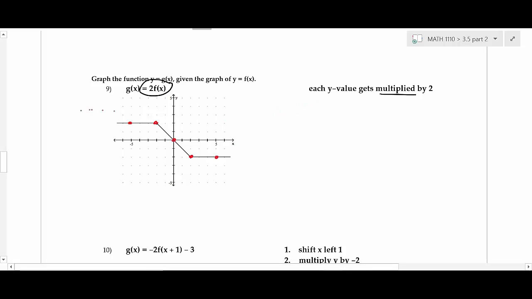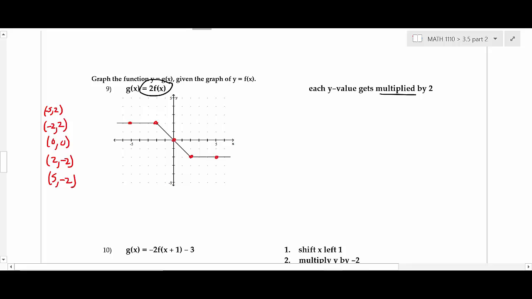So it'll kind of go like this. So I'm just going to write these points out. So this first point over here is the point -5, 2. This point here is the point -2, 2. And then you have a point 0, 0. Then you have a point 2, -2. And then finally you have a point 5, -2 like that.